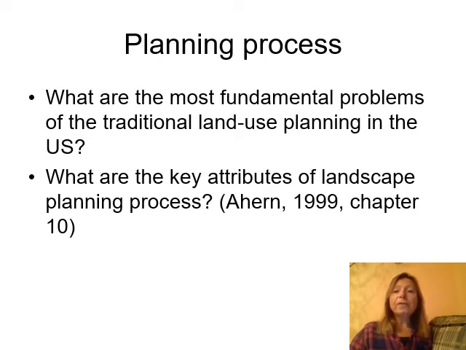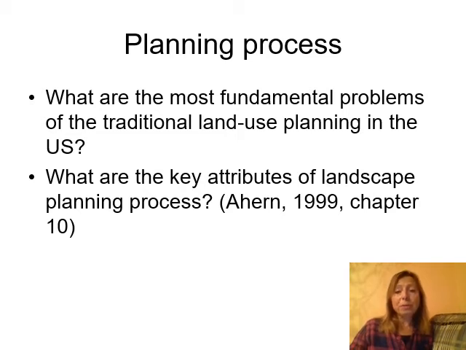What are the most fundamental flaws of the traditional land use planning in the United States? Where do you see the major gaps, and how can it be improved with integration of landscape ecology in the traditional urban planning and land use planning practices? Also, think about what are the key attributes of the landscape planning process.